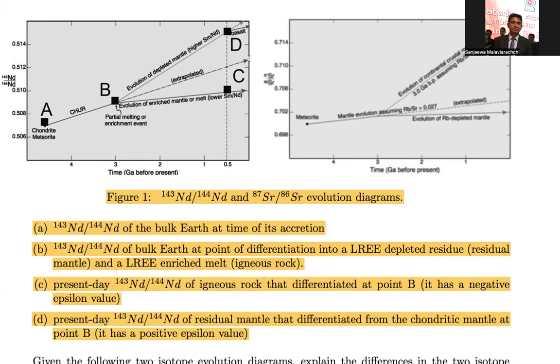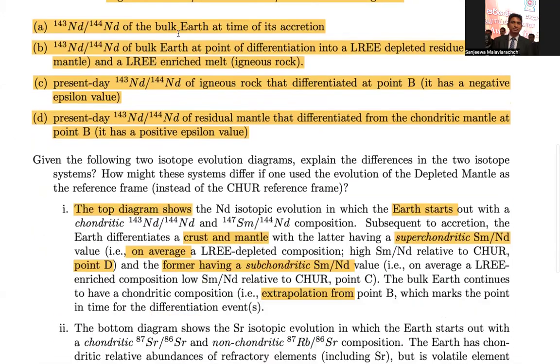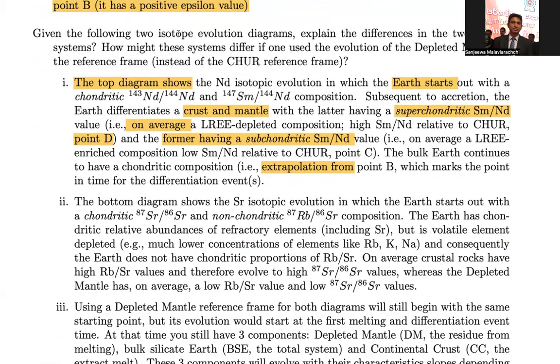Here is the present day value, 0 Ga. So Earth should have had that value if nothing happened. But at point B, there has been an event, right? Crust and mantle differentiate. That means crust and mantle formed. Therefore, Earth is no longer having the chondritic composition. That is what you have to explain.